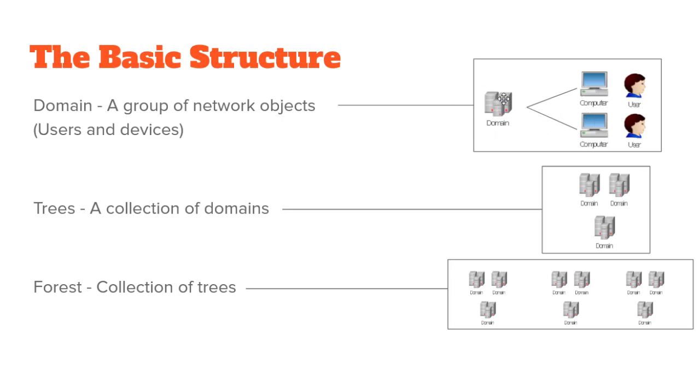So they have a server that's acting as the domain controller, and then they have two computers, and then they have their users. And then stepping back, say we have several of those. We have a collection of domains. If we have three of these, that's a tree. And then if we have three trees, we have a forest.